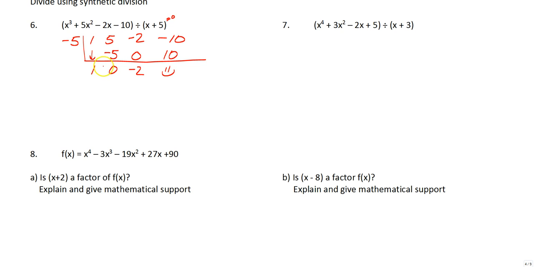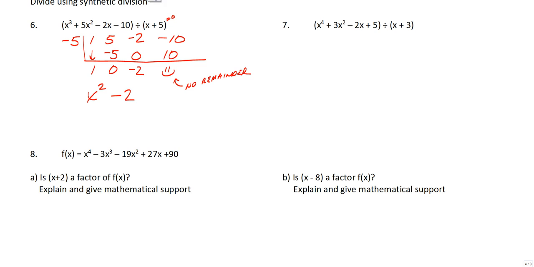Now remember, since we are dividing by x, x cubed divided by x is x squared. So this represents our x squared column. So we have 1x squared plus 0x's minus 2. That is our solution. But again, it's really cool that we have no remainder, because that means it is a root.